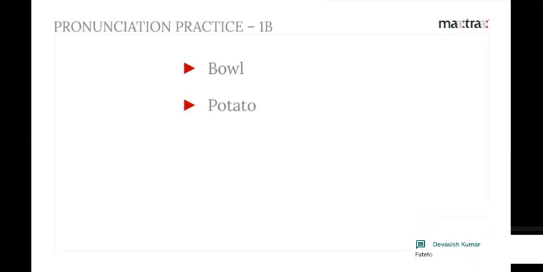Amrita says schedule. We're going to tackle those differently because those are Americanisms versus English pronunciation. So we don't get into that. But for now, just to give you a little reference, potato, that's the way we pronounce this. Next one.